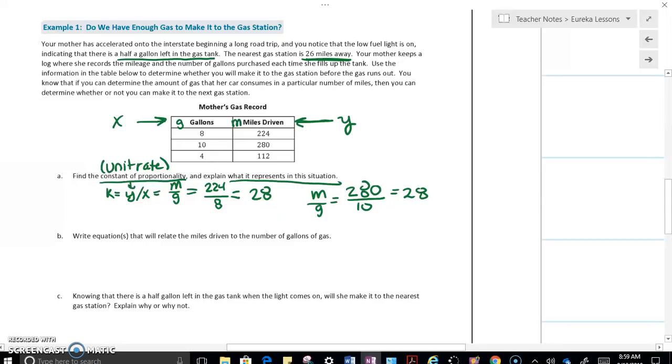And then we also have our last formula, m over g, 112 divided by 4, which also simplifies to 28. So we can say that our COP, or our constant of proportionality, is 28 miles per gallon.